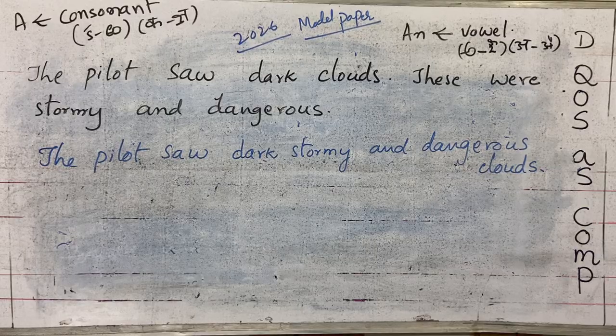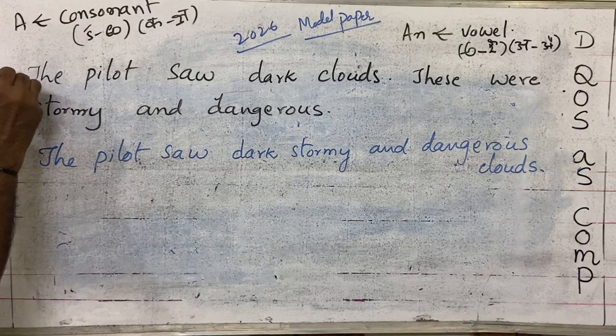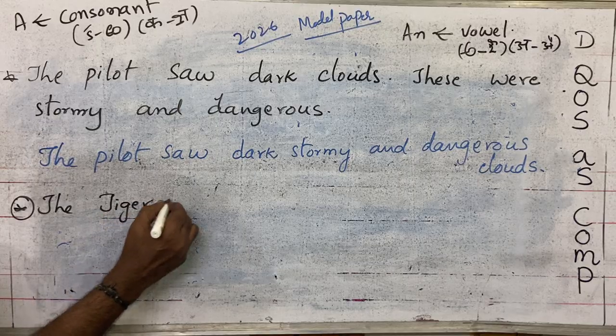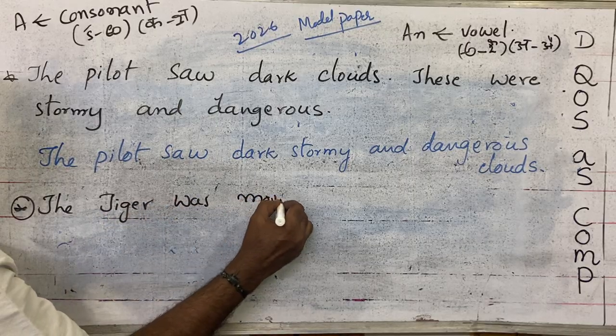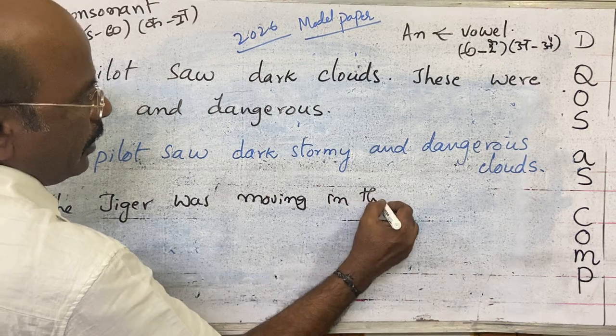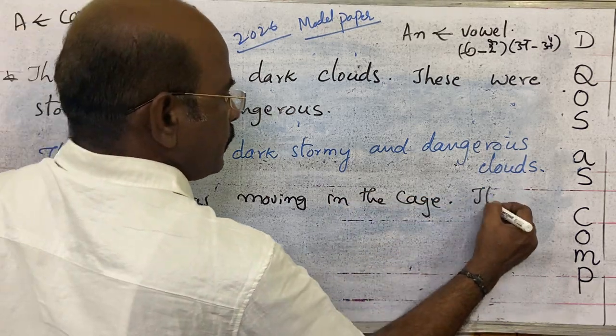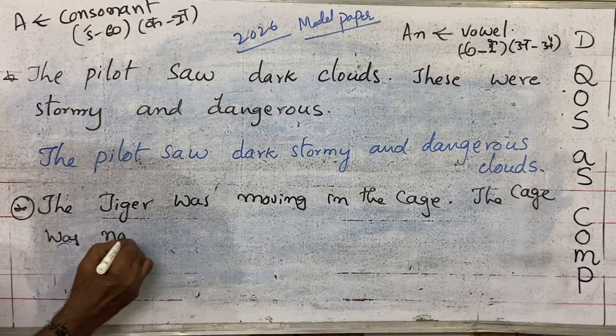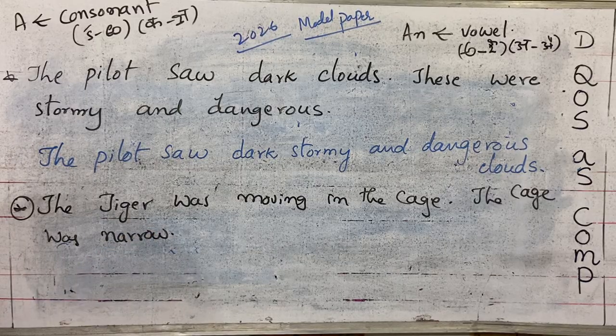Now the next example: The tiger was moving in the cage. The cage was narrow. Some seconds; you just estimate the answer.